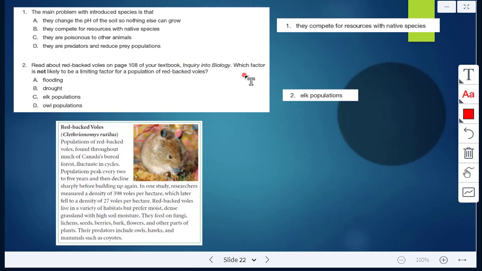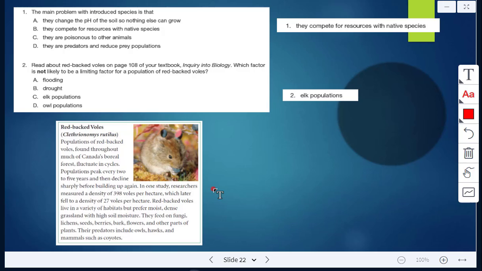Question 2, there's a little bit of reading to do here on red-backed voles. So populations of red-backed voles found throughout much of Canada's boreal forest fluctuate in cycles. Populations peak every 2 to 5 years and then decline sharply before building up again.